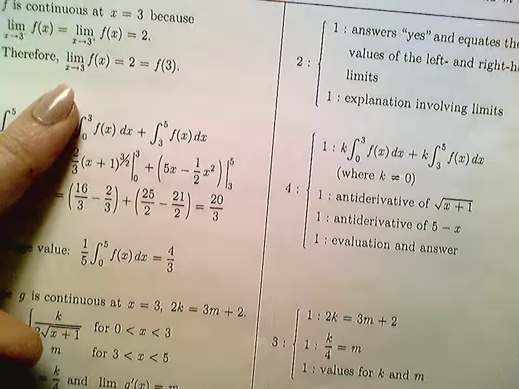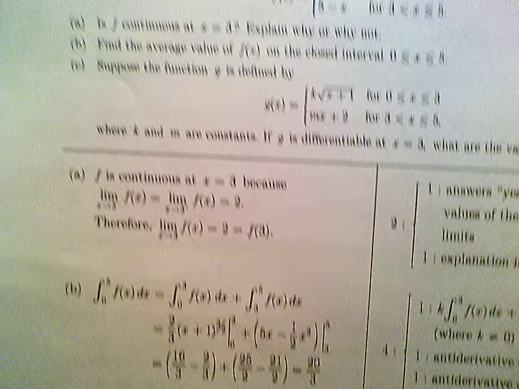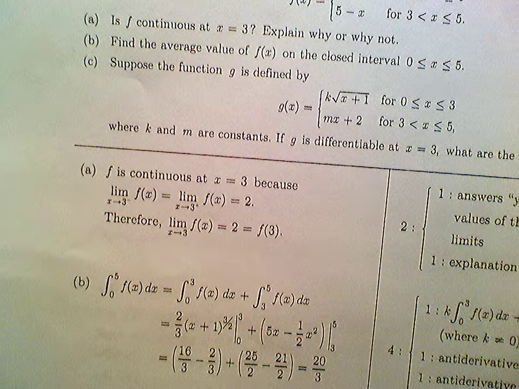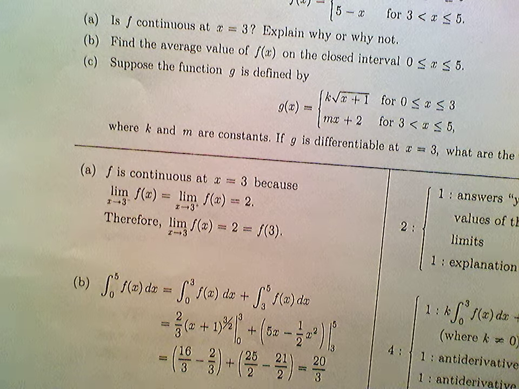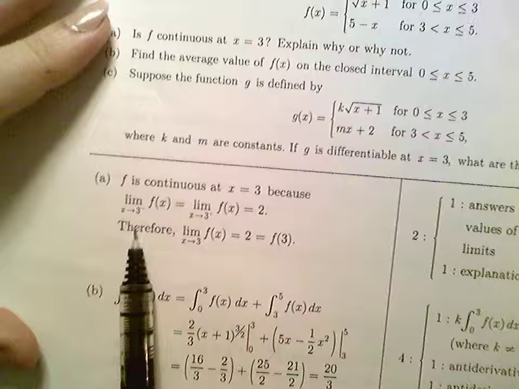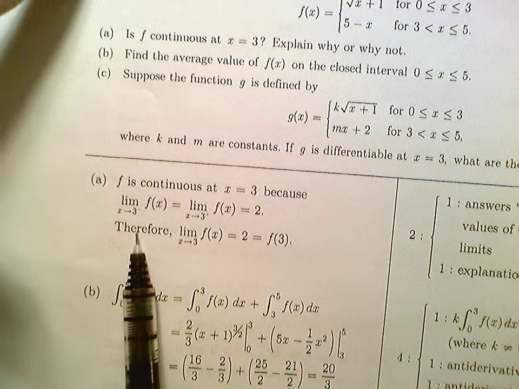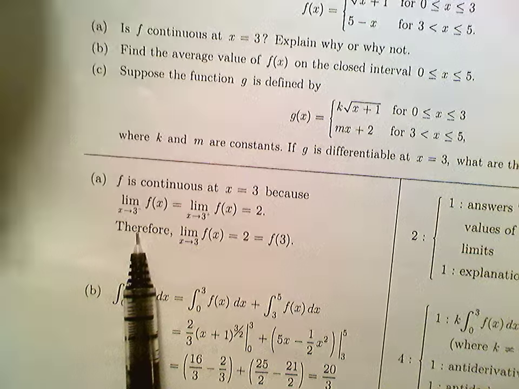So we only did part A, it was 2 points, and so it looks like you didn't really have to be at like, because this equals that equals 2, therefore, I don't know. This seems weirdly not thorough to me. Maybe it is, I don't know.